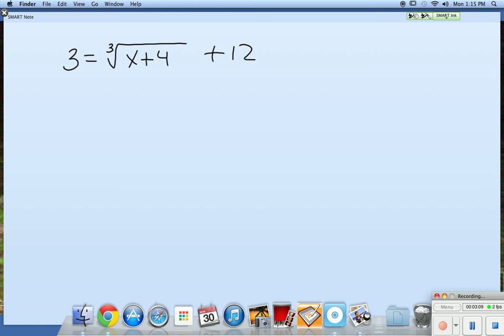Notice we got a cube root in there this time. Can we have negative numbers with cubes? Yep. So let's bring our 12 over. -9 equals cube root of x plus 4. Let's cube both sides. Nine cubed is what, 81.